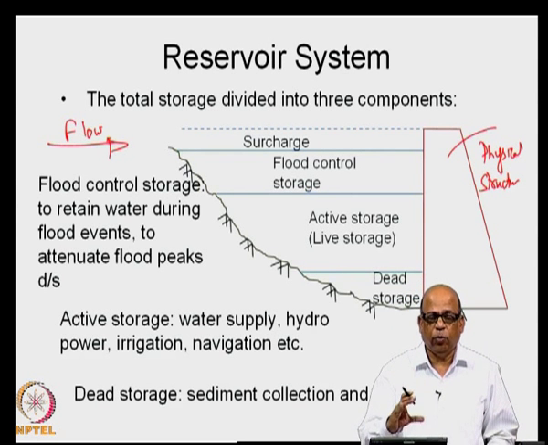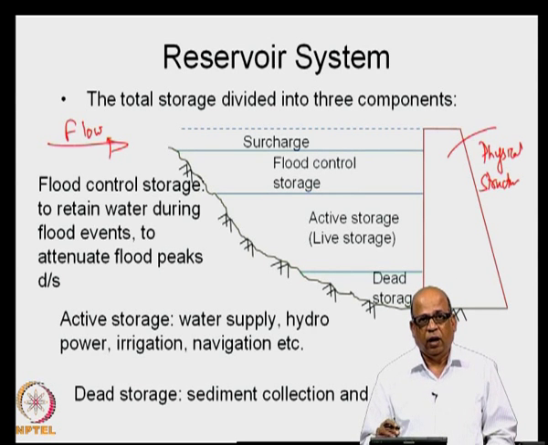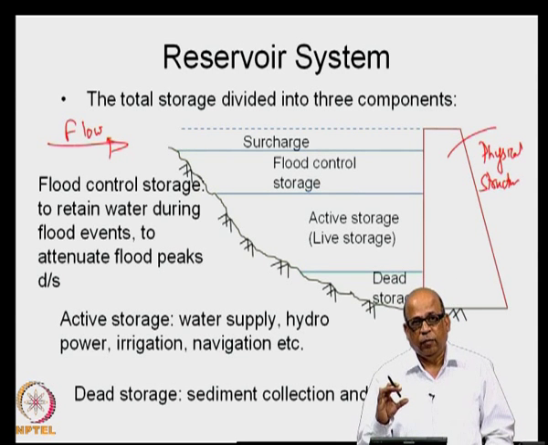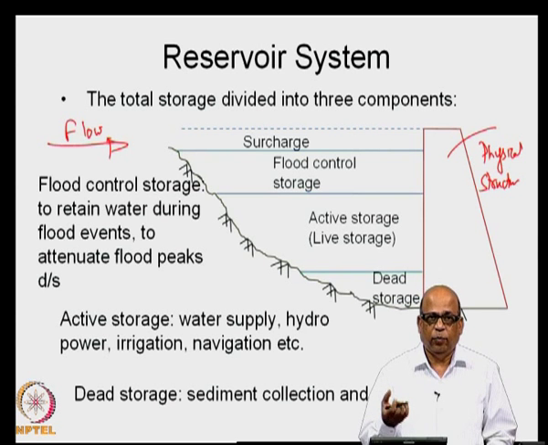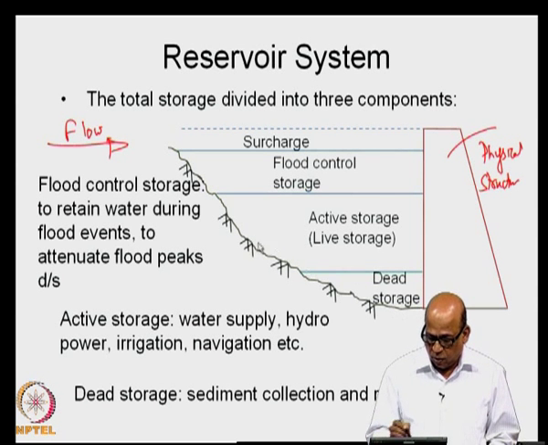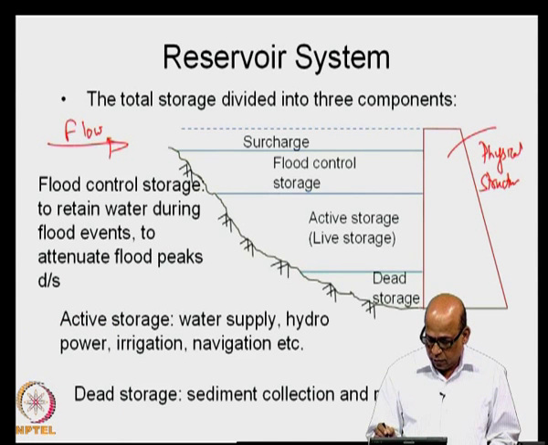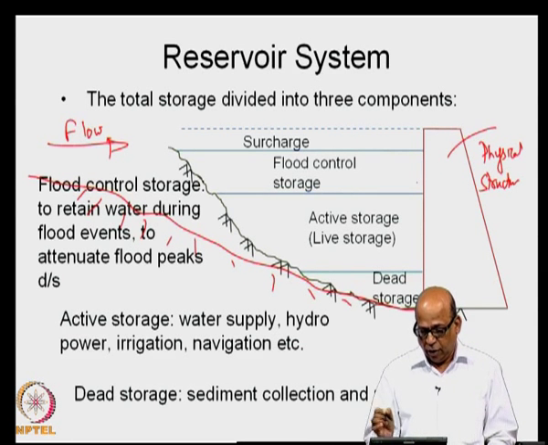Then you have the live storage, from which the water will be actually withdrawn, and then you have the flood control storage, where you will absorb the floods, and this is the ground level here. This is slightly exaggerated ground level, but typically it goes smoothly like this. So, this will be the ground level behind the dam.